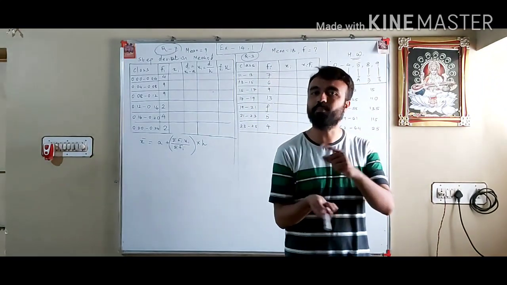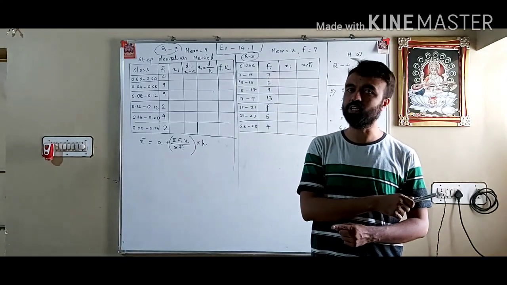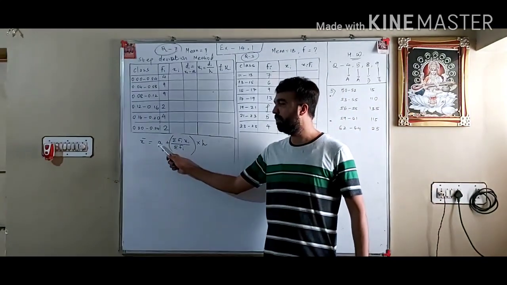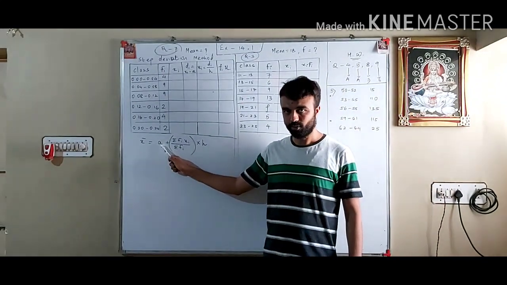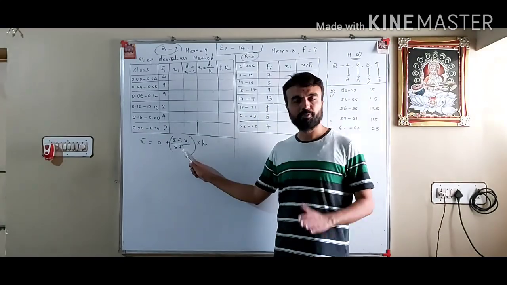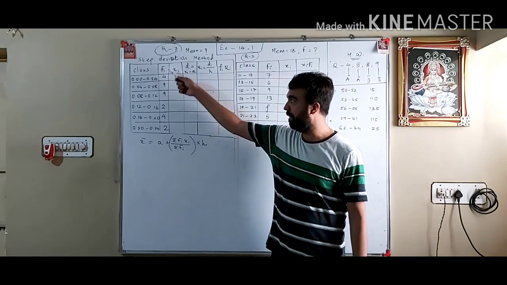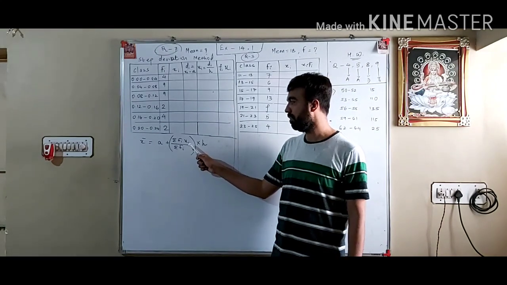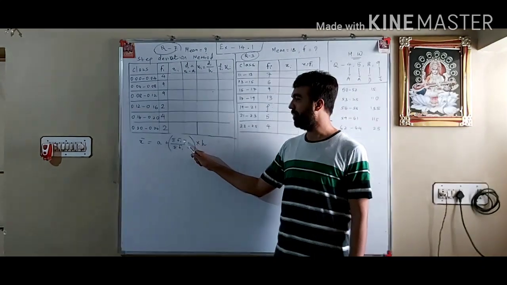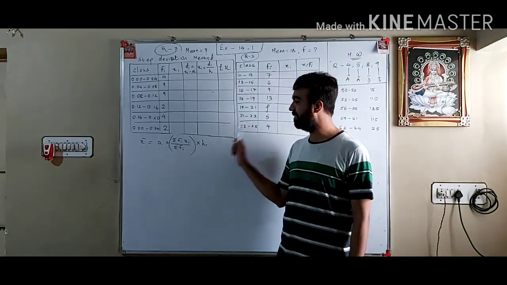We discussed it in the first video lecture. If you still don't know it, refer to my first video lecture, then you will find out what small a is. We call it assumed mean. Fi, you are very much confirmed with Fi, they are frequencies. 2 more unknowns come here, Ui and this h.